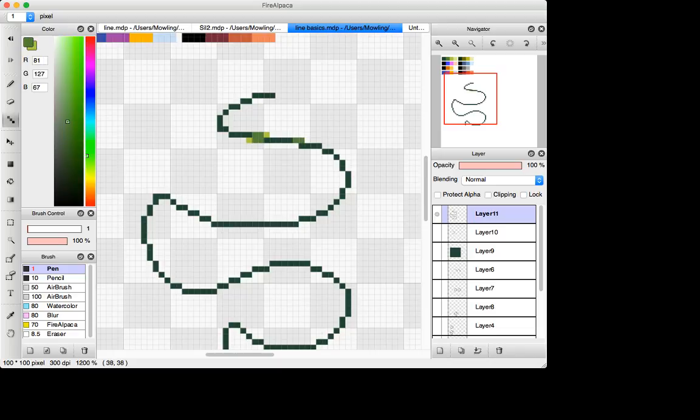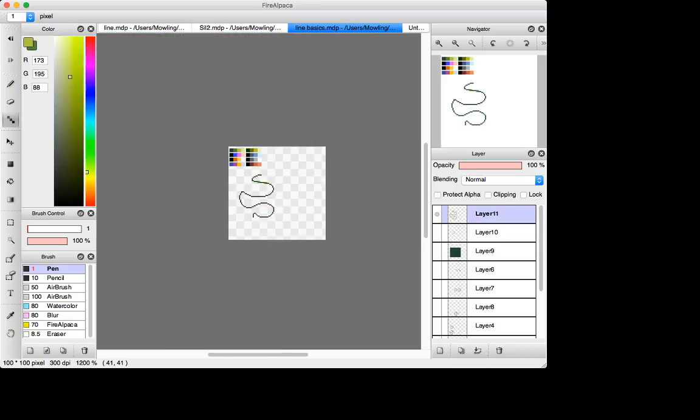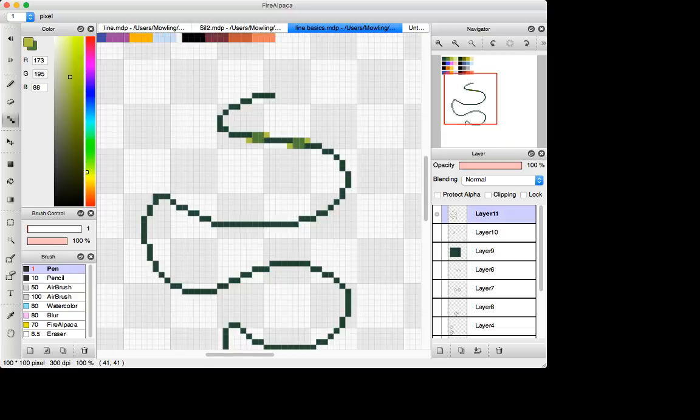And this is just a personal thing. So when messing with the midtones for your AA, you want to use more of your primary midtone than your secondary midtone for long lengths like this. And what I mean by that is, oh, whoops, that might be a little too much.